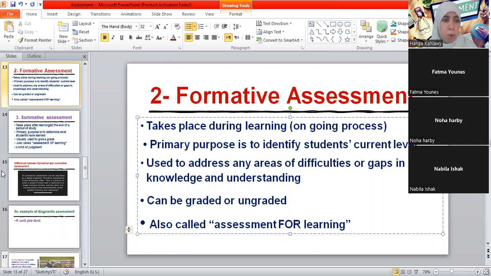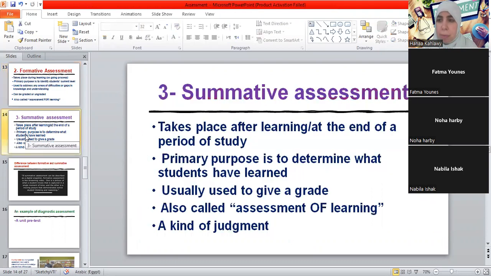Okay, so let's go to the third one, summative assessment. Summative happens after or at the end of the learning experience. As you said, Miss Noha, at the end of a unit, not during learning, but after or at the end of a period of study.